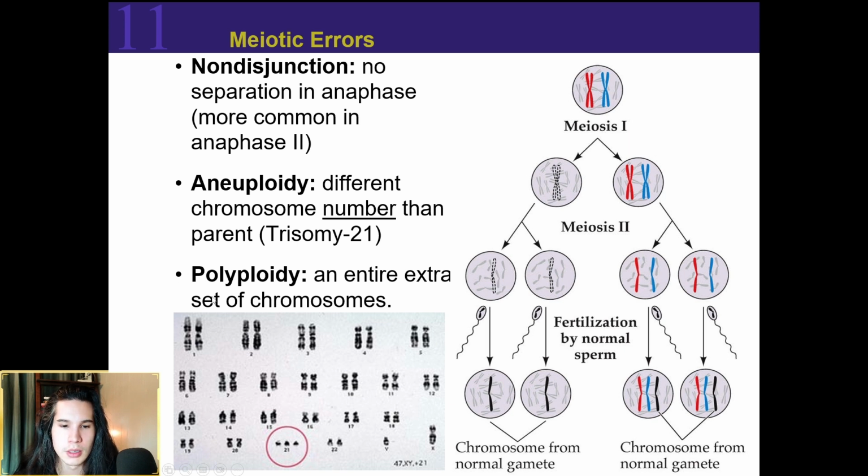Now, polyploidy is where you actually get an extra set of every chromosome number. So, for example, let's say you had 3 of every chromosome. That would mean you were a polyploid, which is more common in plants than it is in animals.